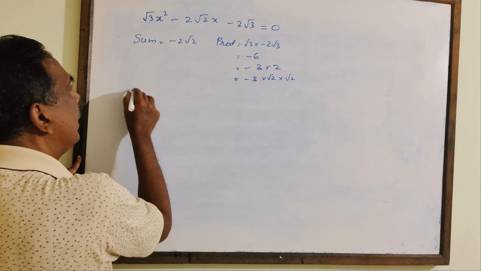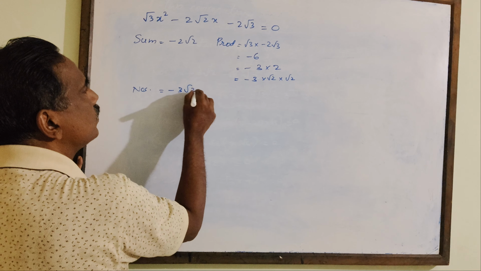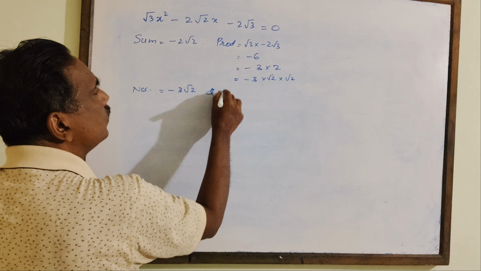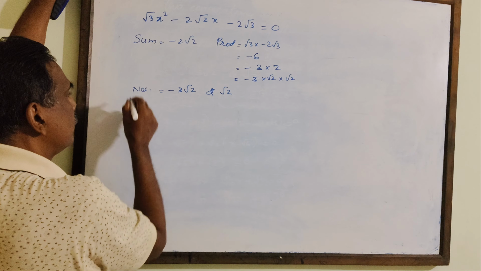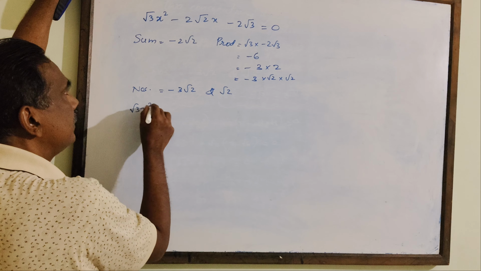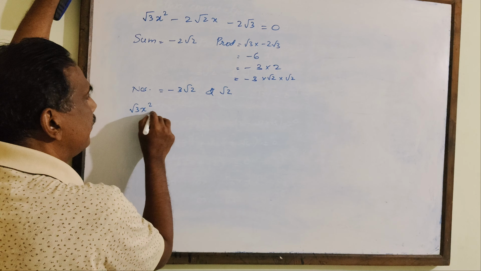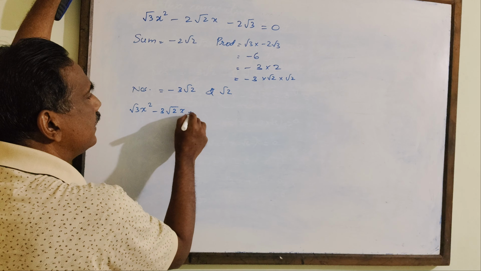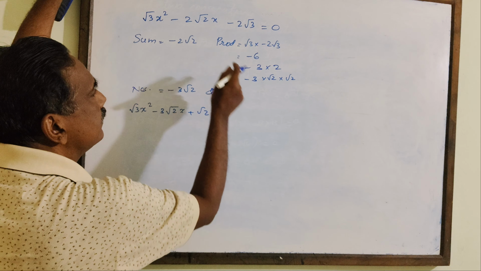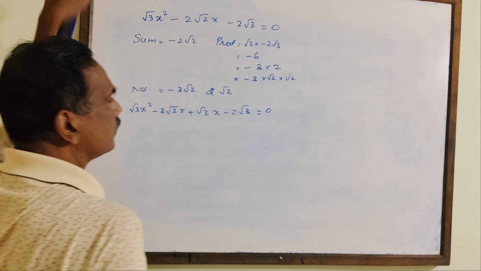So the numbers are minus 3 root 2 and root 2. Now take this equation, 3 root 3 x square, and this minus 2 root 2 x you rearrange like this: minus 3 root 2 x plus root 2 x minus 2 root 3 equal to 0.